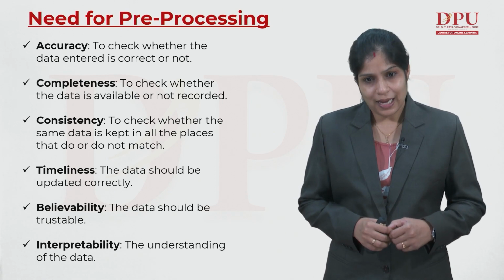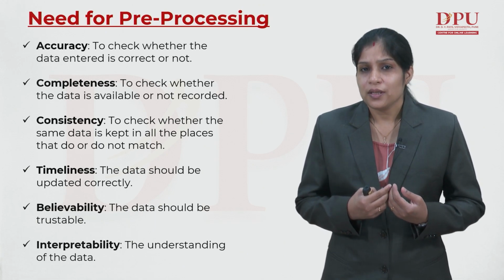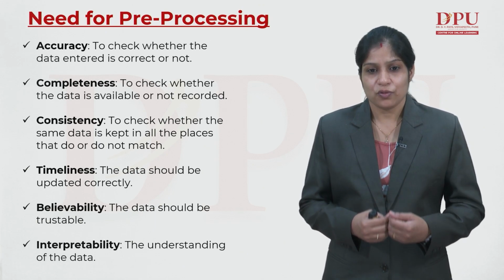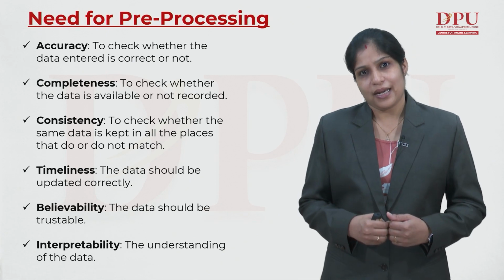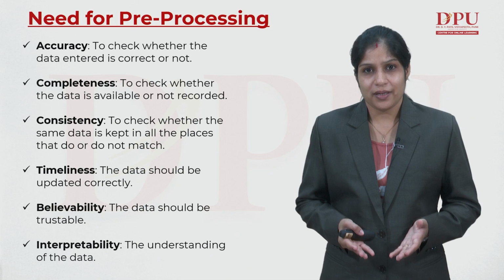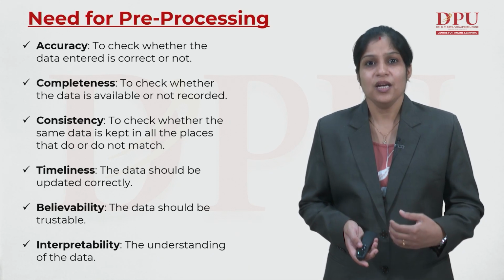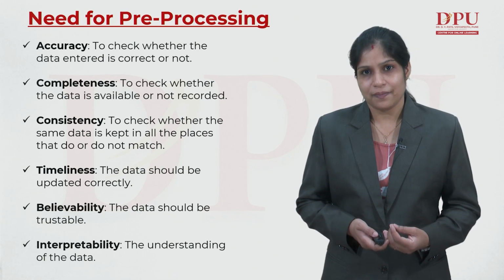Our data should be reliable, and because we are going to build the model on that data, our data set should be in an understandable format for the one who is going to build the model.